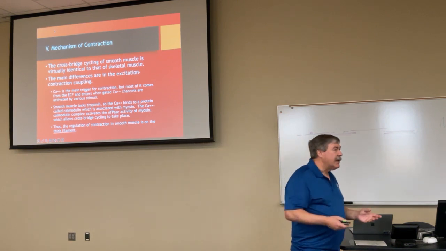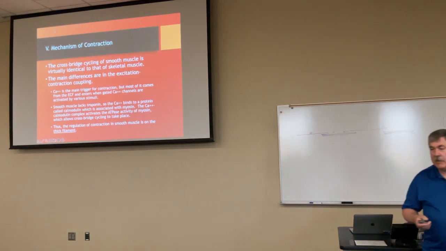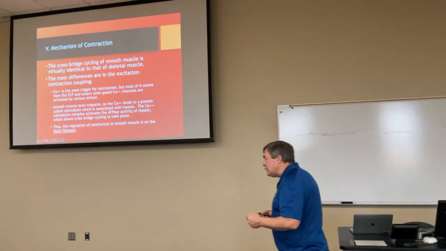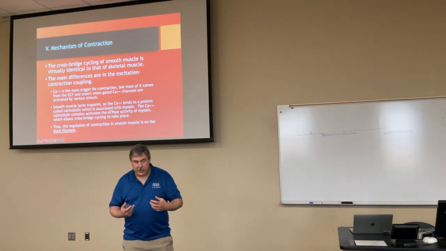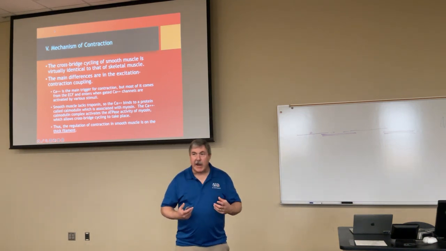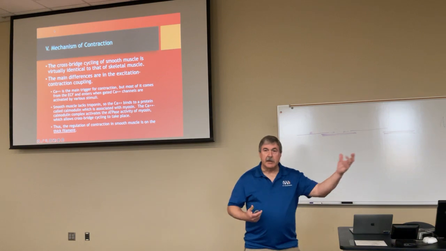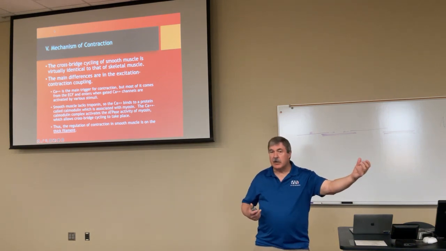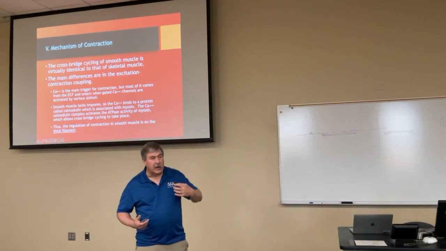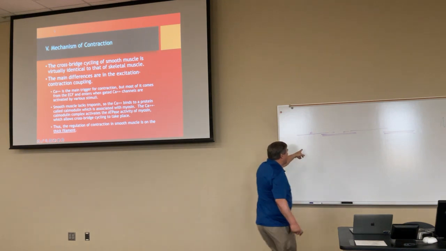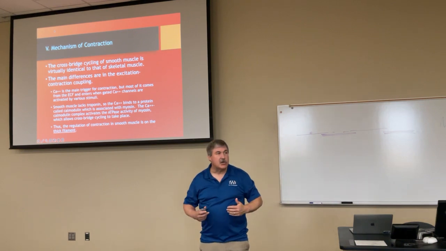All right, now, the mechanism of contraction of smooth muscle fibers, in other words, the cross-bridge cycling, is essentially the same as it is in skeletal muscle. When calcium enters the cytoplasm of smooth muscle, that triggers a contraction, which involves a binding of the myosin heads to the thin filament, and then the myosin heads undergo a power stroke, and it pulls the thin filaments past the thick filaments, causing that whole arrangement of myofilaments to get shorter.